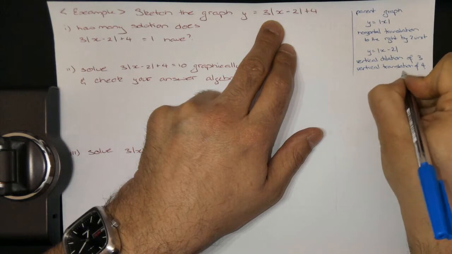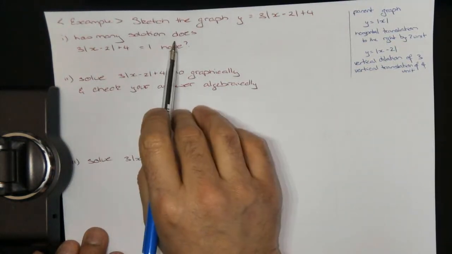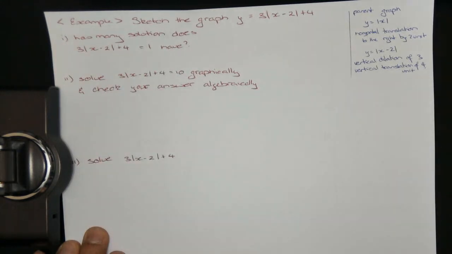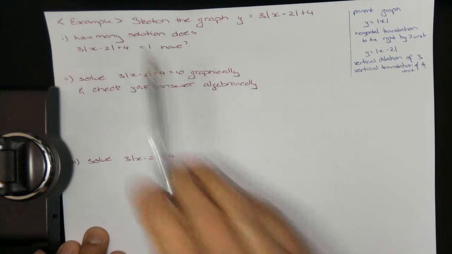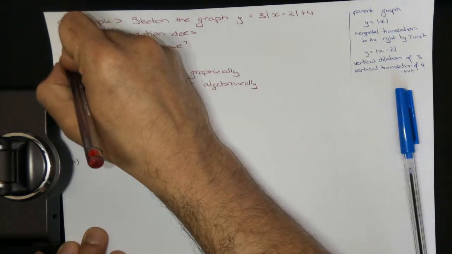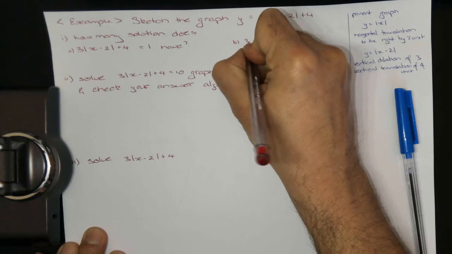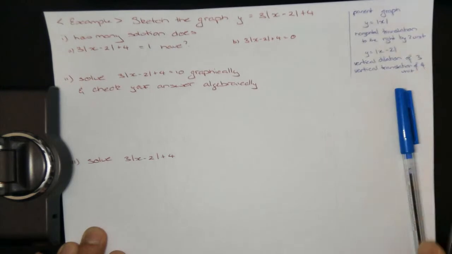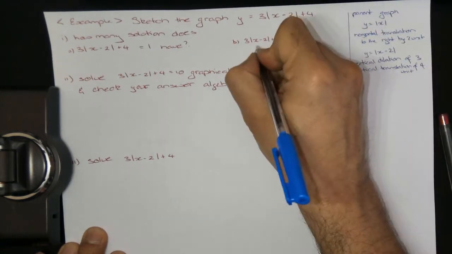4 units. So knowing my graphs, when it says how many solutions does this have, if it had that equal to 0, let's do that. Well then, because I've translated it up and I know I start at the origin, there'll be no solutions.